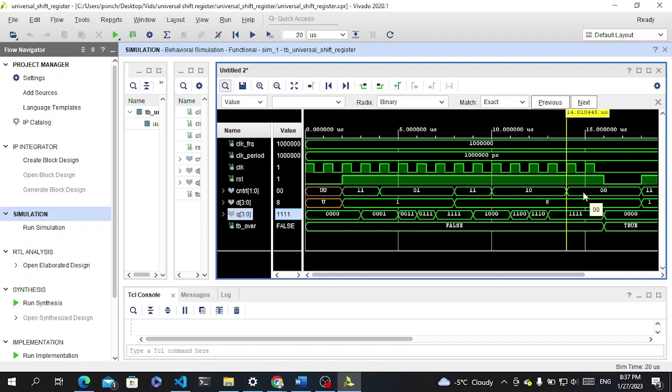And then we set our control to 0, where we have the pause, and we can see that our output is unchanged until our simulation ends.